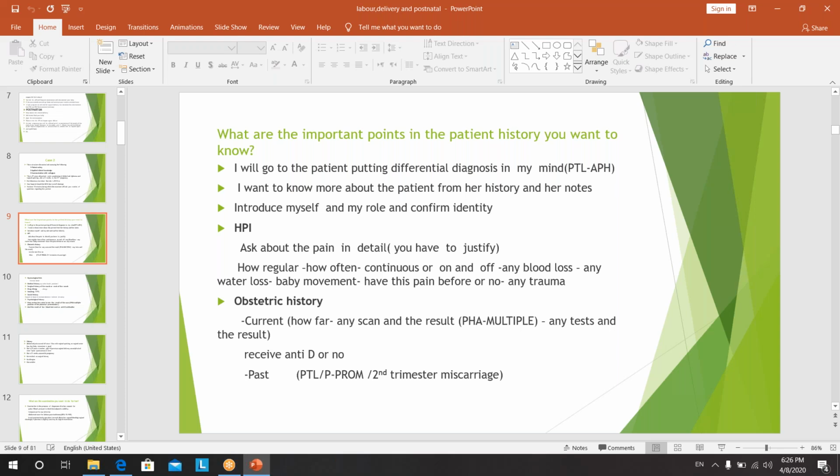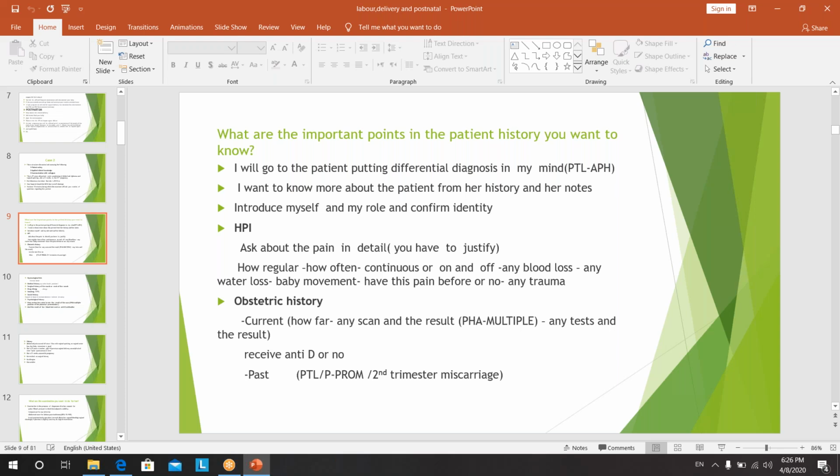In all the structured discussion tasks, you have to put a differential in your mind, and this is to show the examiner from the first moment that you are systematic in thinking and in managing the case. So put a differential in your mind, and you can tell the examiner this differential, to show how you think about the case.